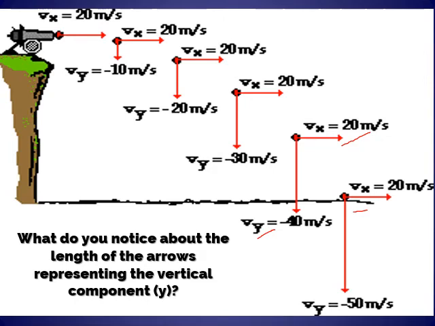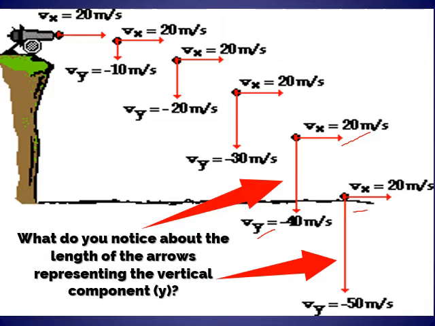Now, let's answer the question here. Anong nanonotice ninyo about the length of the arrows now representing the vertical component of the velocity? So, particularly yung mga v sub y, ano ang nanonotice natin? Okay? Let's point again with the arrows. Anong napapansin natin?